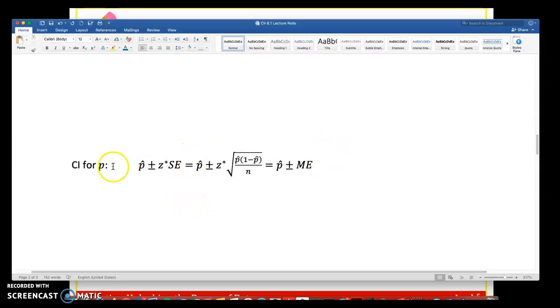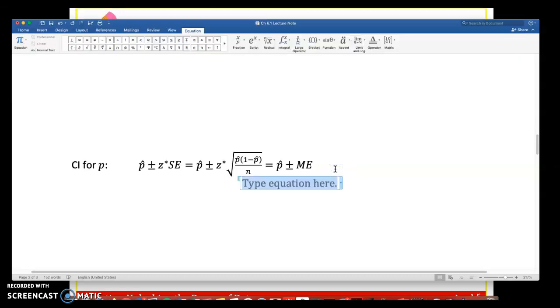All right, here, so we've got the confidence interval for p hat plus or minus z times the standard error, which is given right here. And don't forget, in general, a confidence interval is always your point estimate plus or minus margin of error. So margin of error equals z star times the square root of p hat times 1 minus p hat over n.